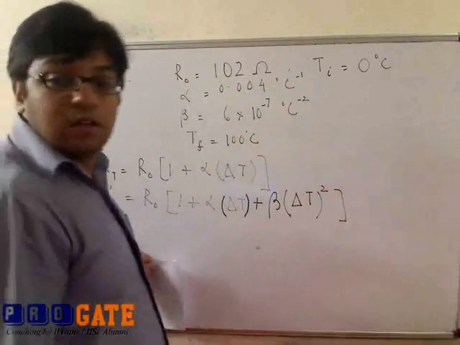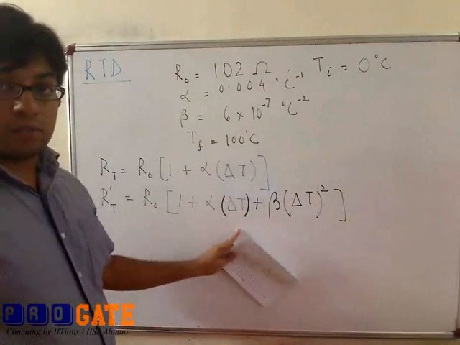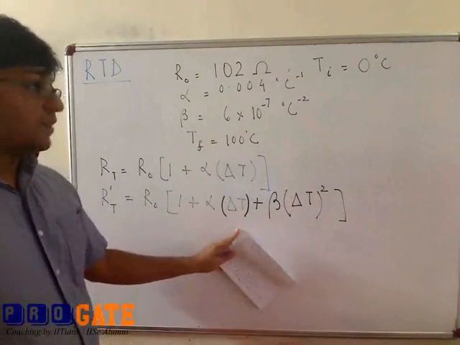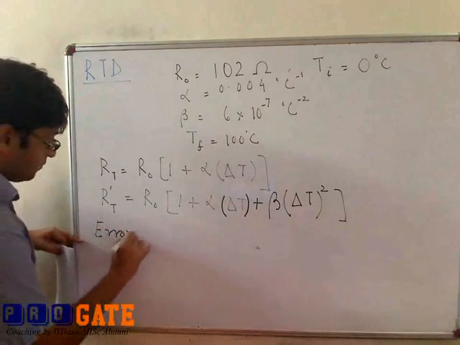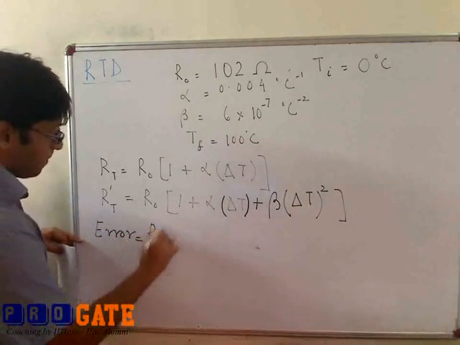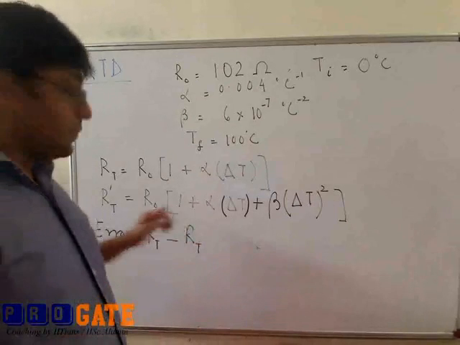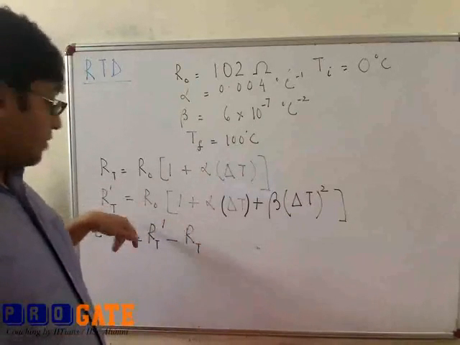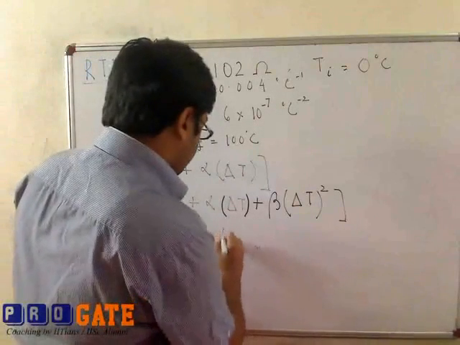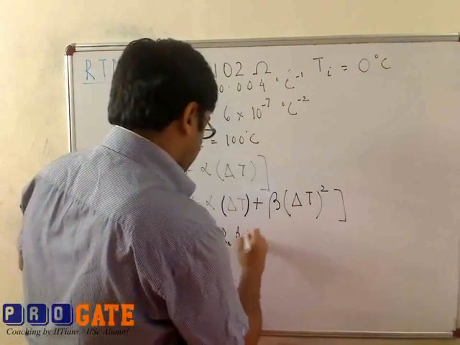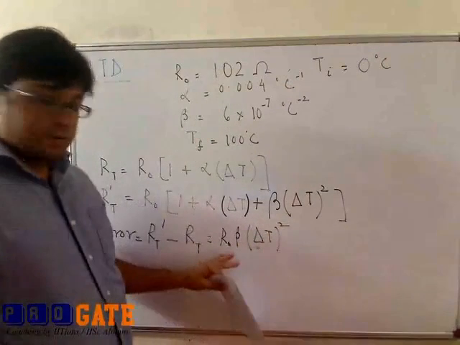So these are the two values of RT that we would get using the linear approximation model and the quadratic approximation model. What is the error that we get? The error would simply be the difference between the two values that we compute over here. That would be the error.